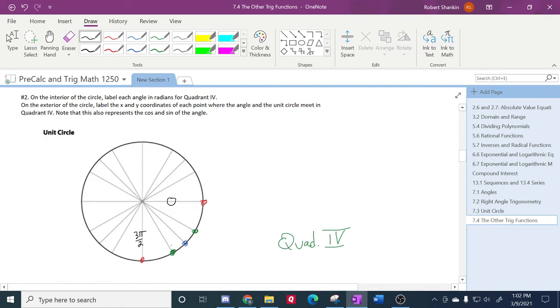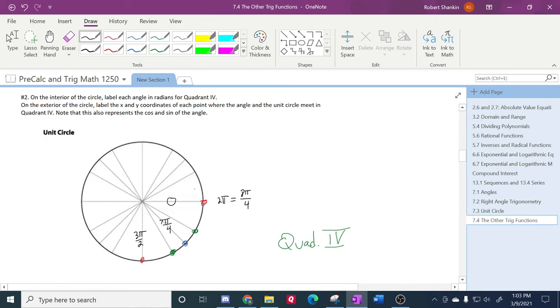And then this is pi over 4, this is negative pi over 4. But instead of negative pi over 4, let's think of this for a moment. This is 2 pi, but it's also 8 pi over 4. If you go backwards 1, it's 7 pi over 4.